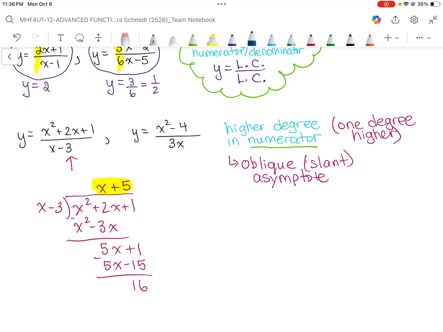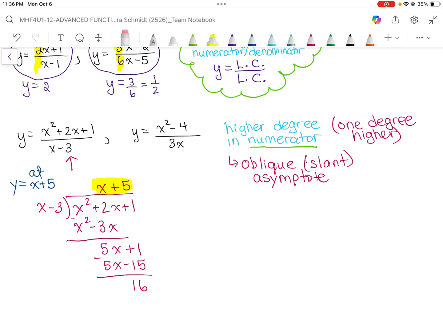So for this question, we would have an oblique asymptote at y equals x plus 5. So literally at the line y equals x plus 5, there would be an asymptote. So instead of just being a horizontal line, it'd actually be on a slant.